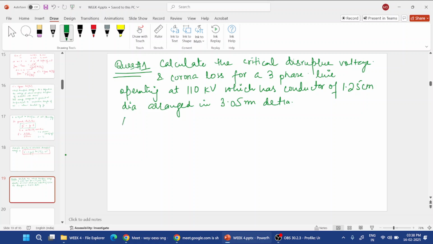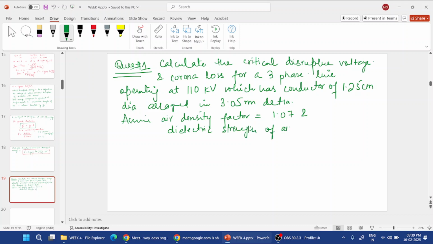Assume air density factor as 1.07 and dielectric strength of air to be 21 kV per centimeter. Options are there.